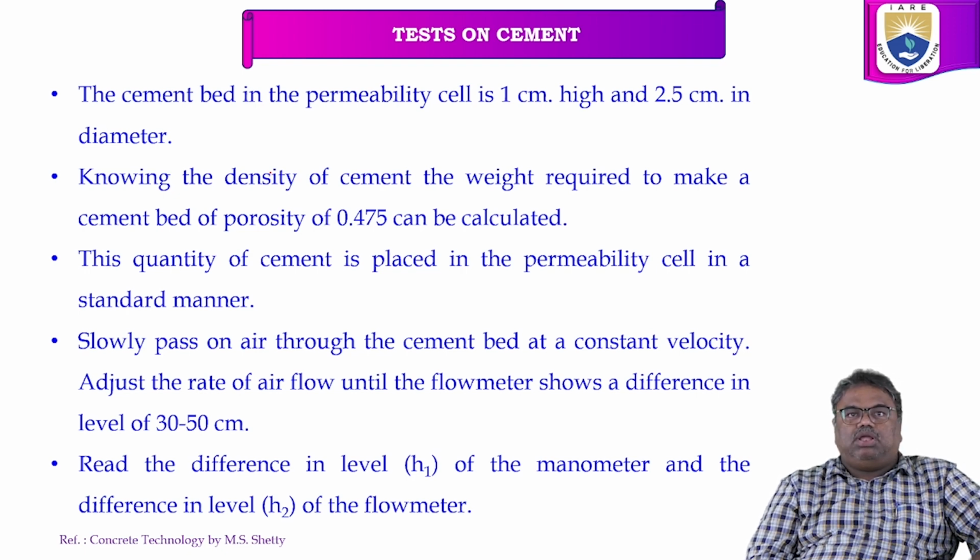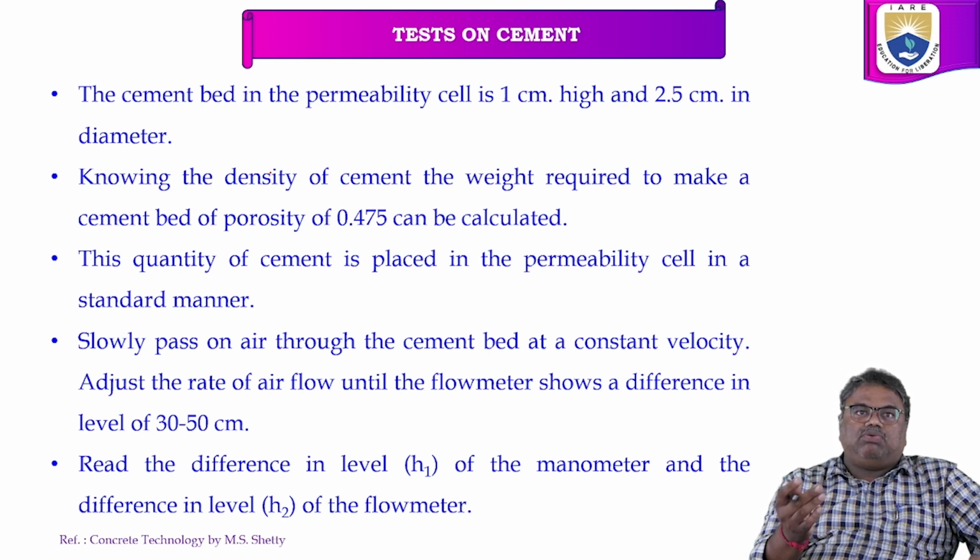So how much cement is required for the porosity 0.475 you can calculate. This quantity of cement is placed in the permeability cell.